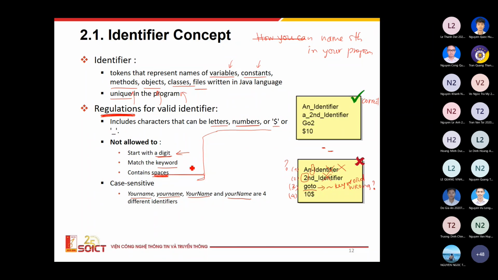Okay, so the number 3 matches a keyword. Okay, the number 2 starts with a digit. Later you will have the list of every keyword in Java. And for the number 4, it also starts with a digit. Yes, correct. So it is not allowed. Okay, in Java, you cannot have this kind of name. And for other combinations of letter, number, dollar, and underscore, you can create a correct identifier.